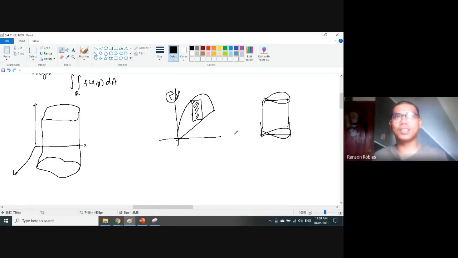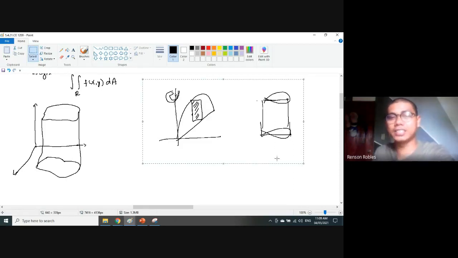That is the reason why it is called the cylindrical disc or cylindrical shell method, because when the region is revolved, the representative element will follow the shape of a cylinder. That's why they are called cylindrical shell and cylindrical disc.